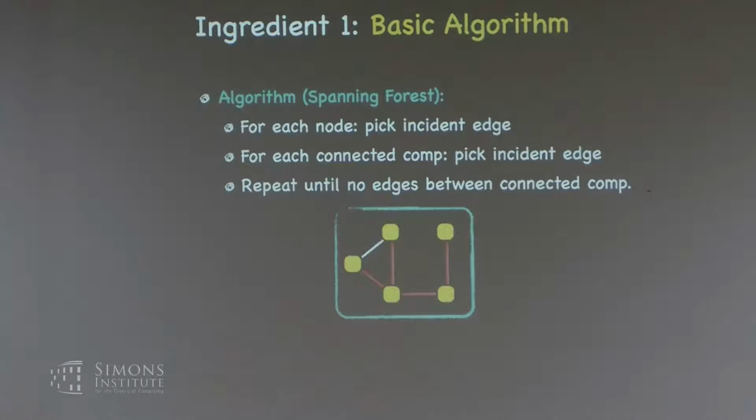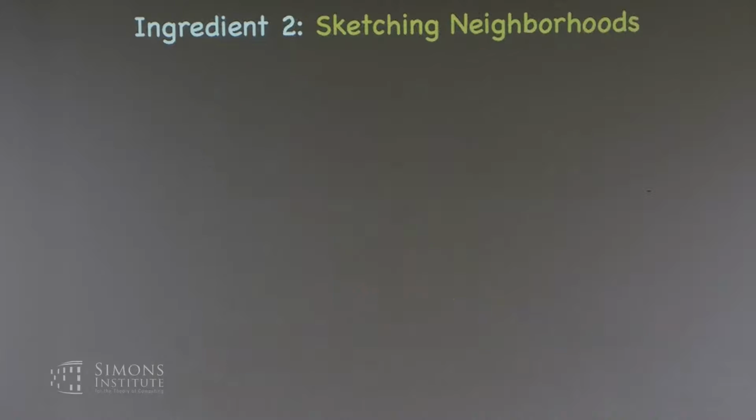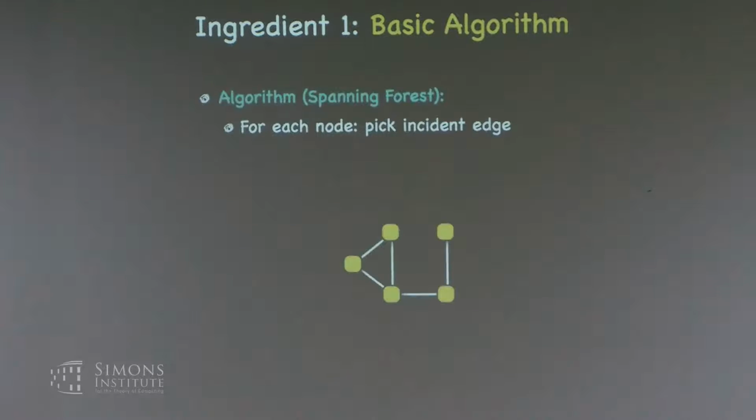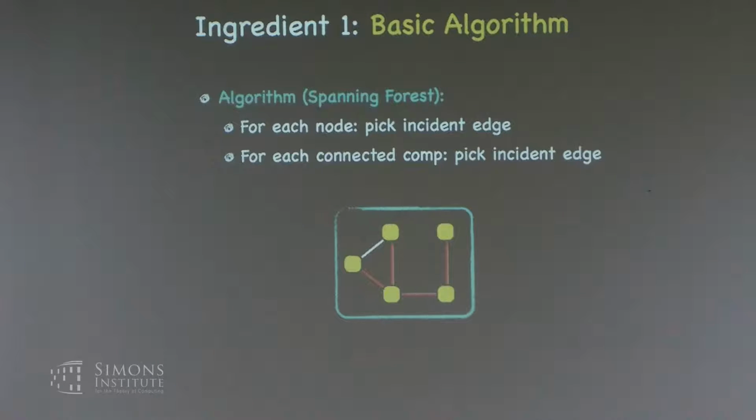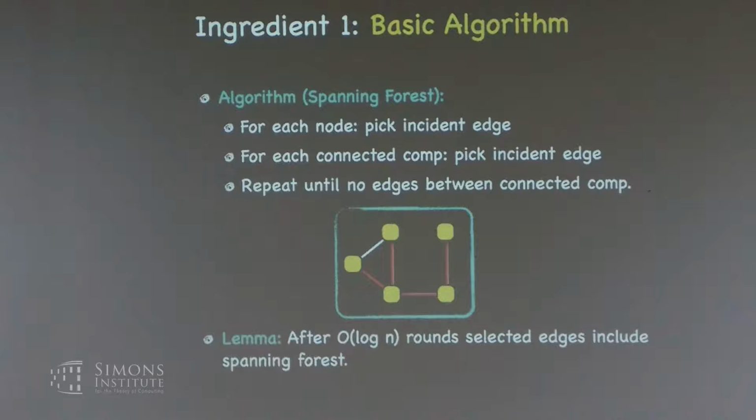So this is a pretty simple algorithm. There was nothing streaming about this. It was just a simple process that, left to run around log n times, would find a set of edges that contain a spanning forest.